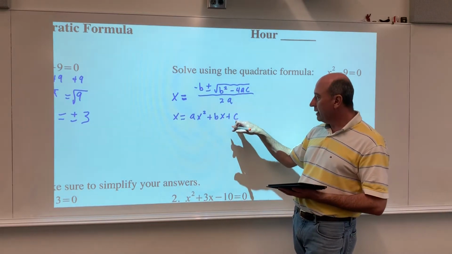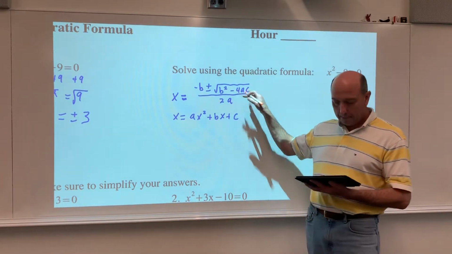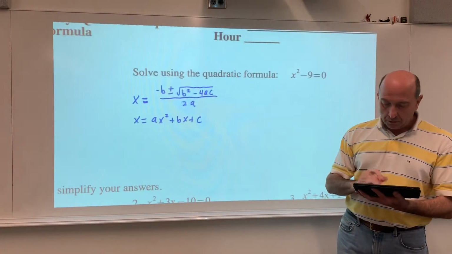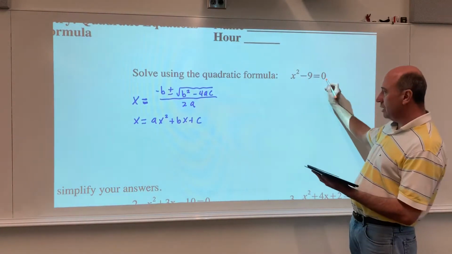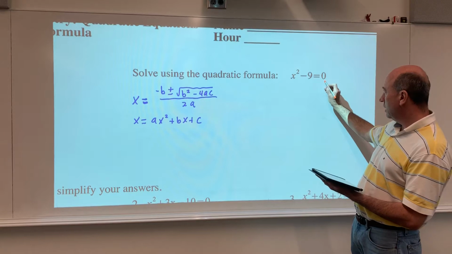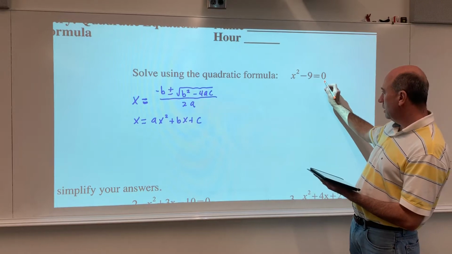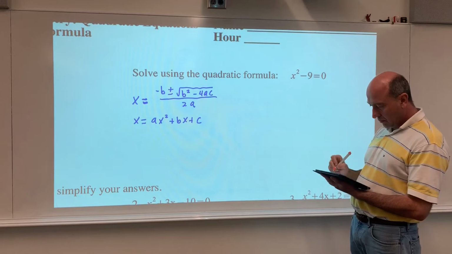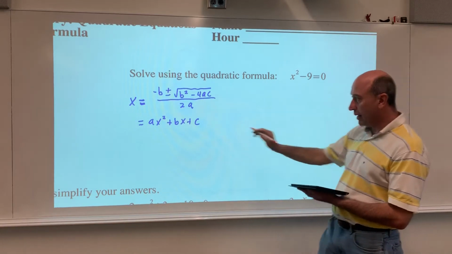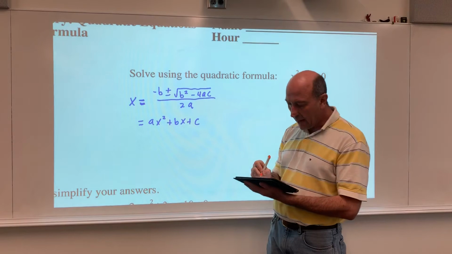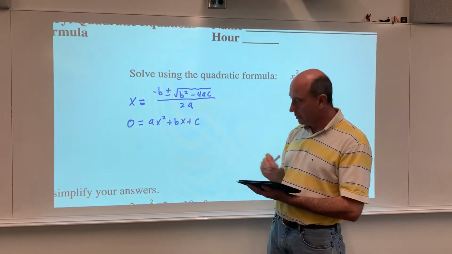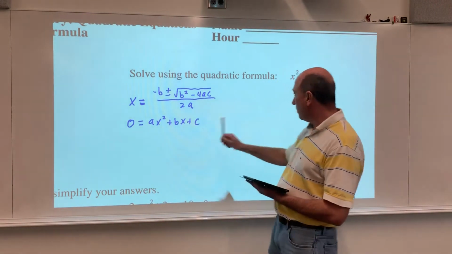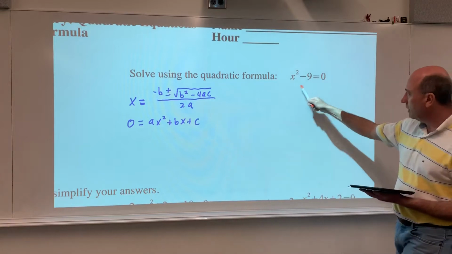And the number at the end, c, we'll put it there. Okay, so this shouldn't have been an x. This should have been a 0. 0 equals ax squared plus bx plus c. So this 0 is that 0.